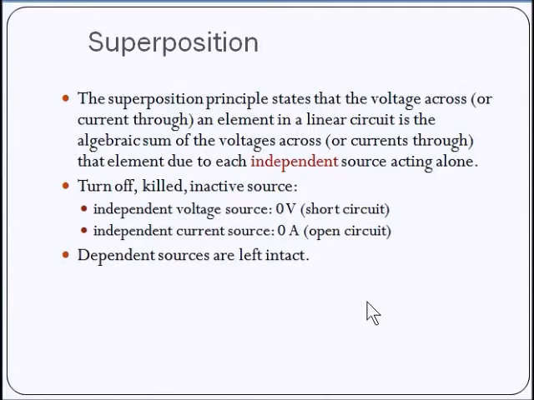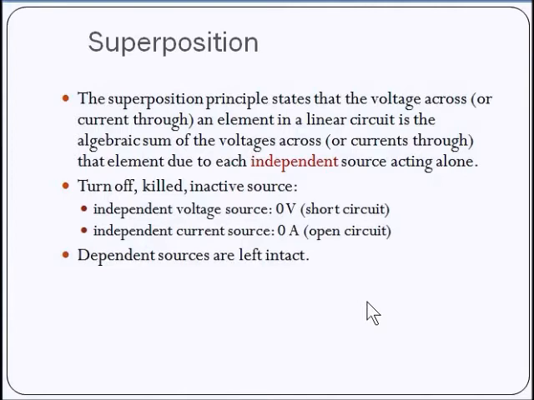So what we need to do is solve one by one, meaning we have each independent source acting alone. How do we make the independent source act alone? We need to turn off or kill the other sources.